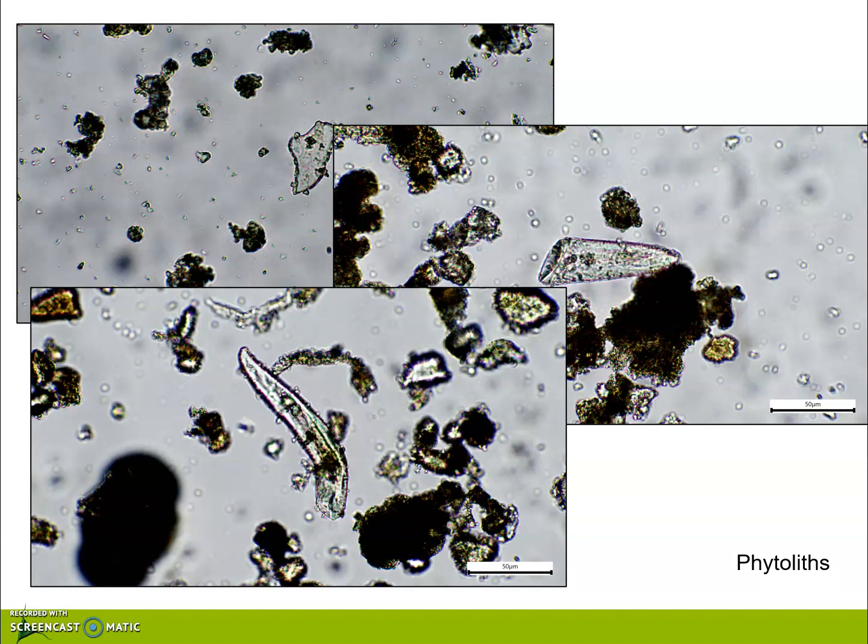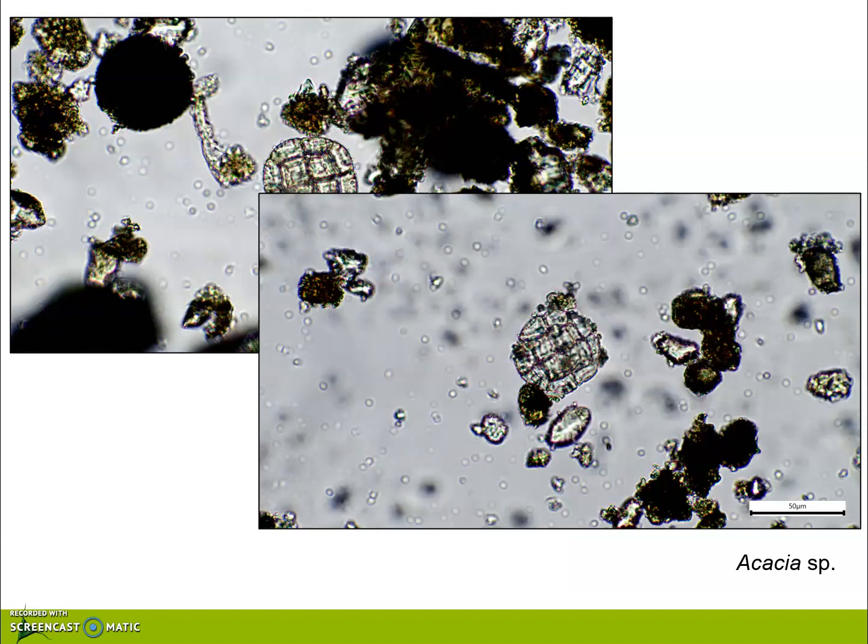So these are silica particles which are produced by different types of plants. The organic part of the plants is often not preserved, so it's just degraded away, but these silica particles tend to be preserved, at least more than the organic parts, and then they can be included with all the other particles and being transported by the wind.